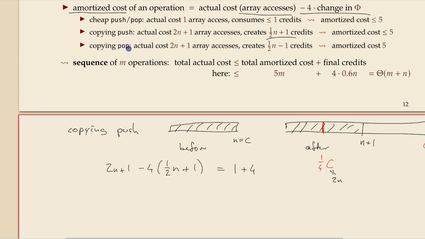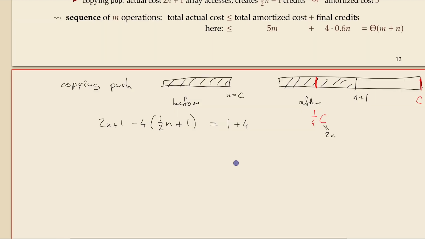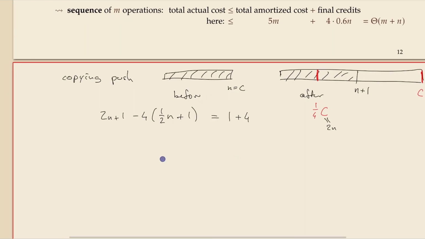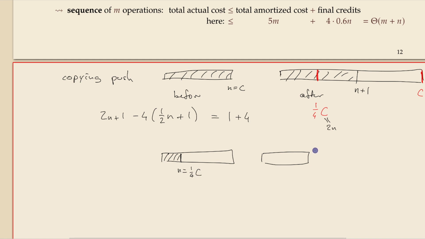We have a third case, that's the pop. That's very similar indeed. By analyzing when the pop happens to be expensive, well, it only can happen if we're at the quarter full. Now we shrink the array to half the size. Okay, my drawing is not to scale. But now this was n is 1/4 c. Afterwards, I make my new c to 2n.